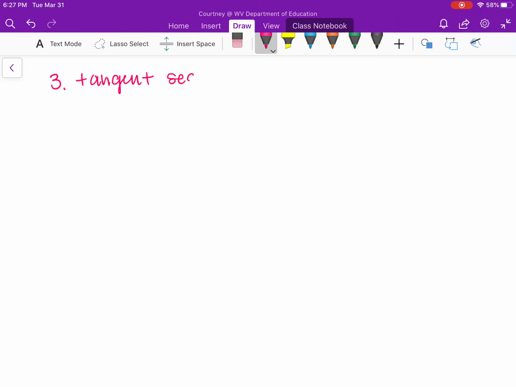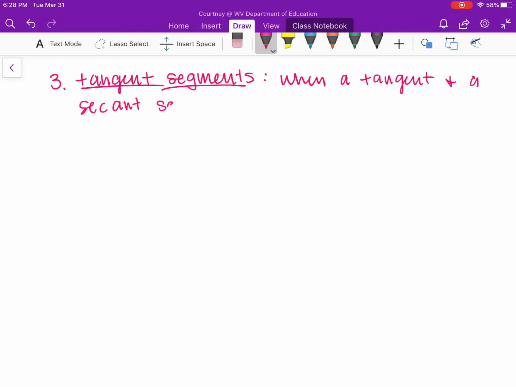Tangent segments. Tangent segments. When a tangent and a secant segment intersect outside a circle.